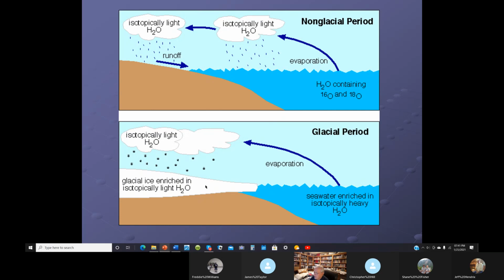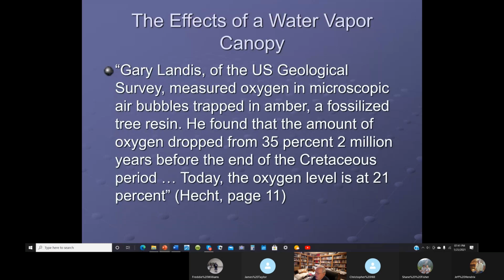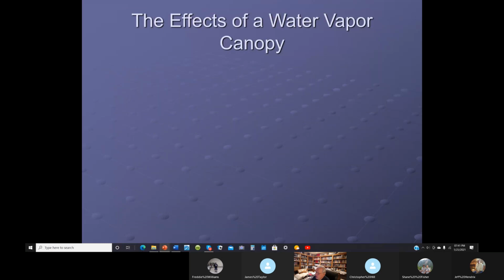That's their claim. Does that make sense? And so they look at the amount of the different isotopes of oxygen to tell how old it is, right? Based upon that. And that's what we had here. All right. Any questions?